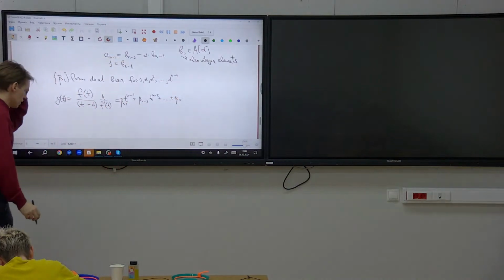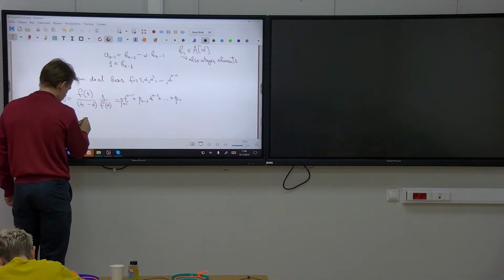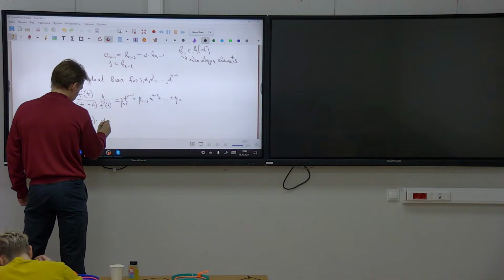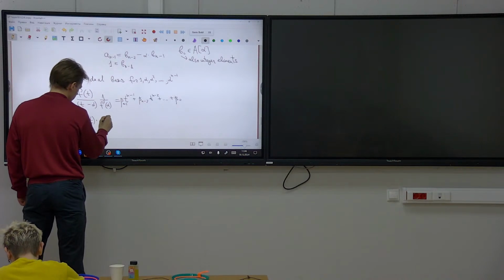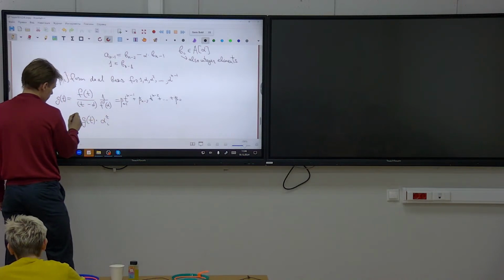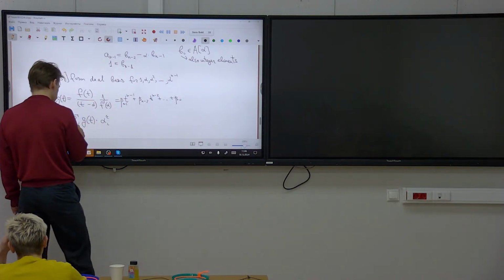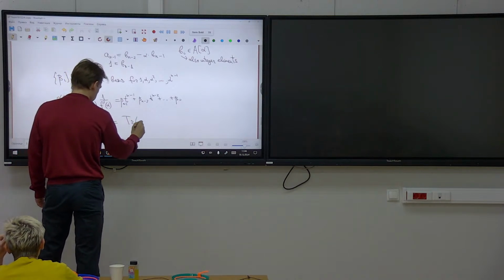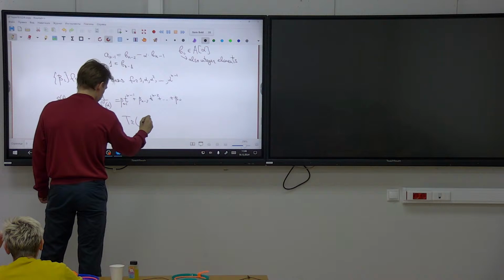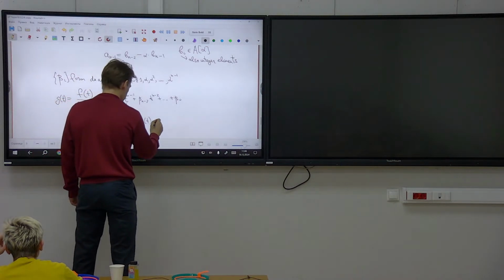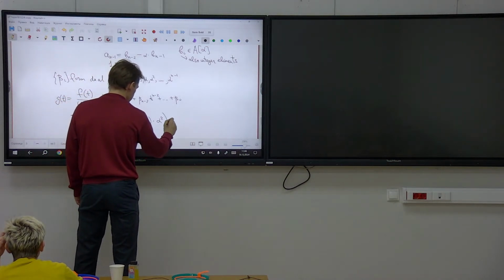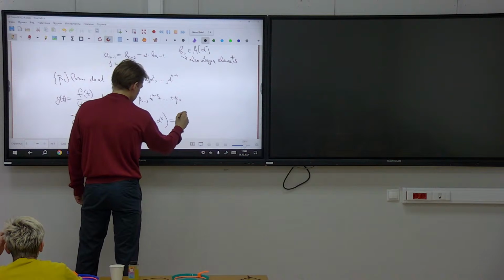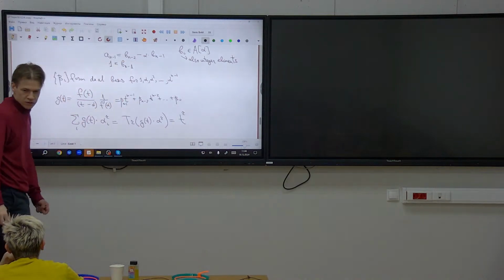So what you are doing, you are multiplying g of t by alpha i r and taking the sum over i, which is just the trace of g of t alpha r, and this is t to the power r as we have calculated.